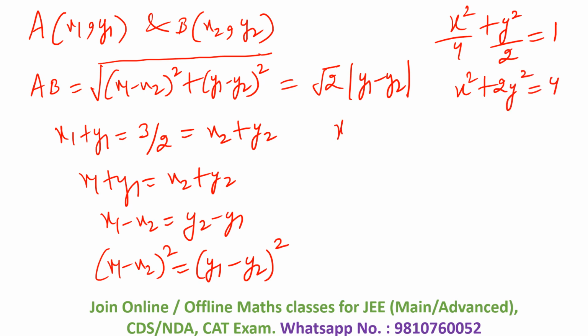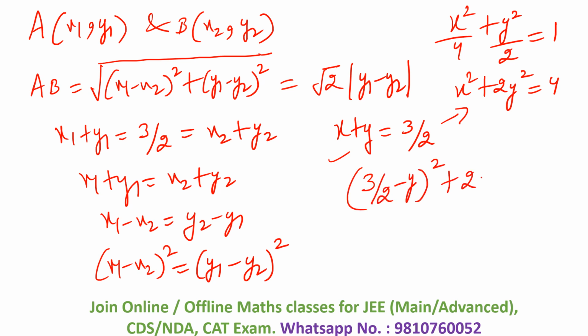And the equation of the chord was x plus y equal to 3 by 2. So just put the value of x from the equation of the chord in terms of y into the equation of ellipse. So you will be getting 3 by 2 minus y whole square plus 2y square equal to 4.